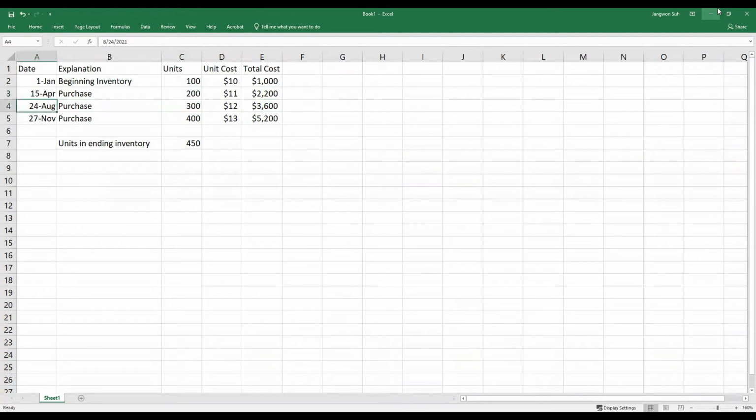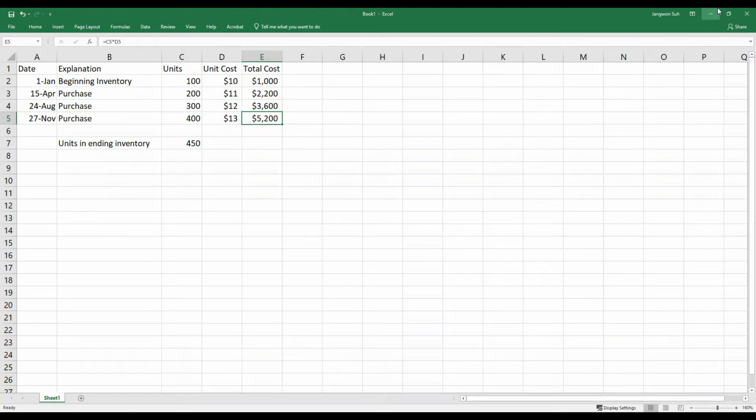Likewise, you purchased another layer on August 24th, 300, but this time it is 12 each. So 12 times 300, which is 3,600, is the amount that you've used up to buy these 300s. Again, on November 27th, you bought 400 more at 13 each. So 400 times 13 is 5,200.